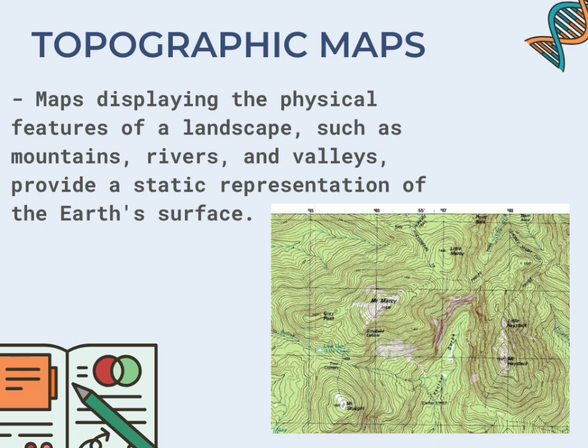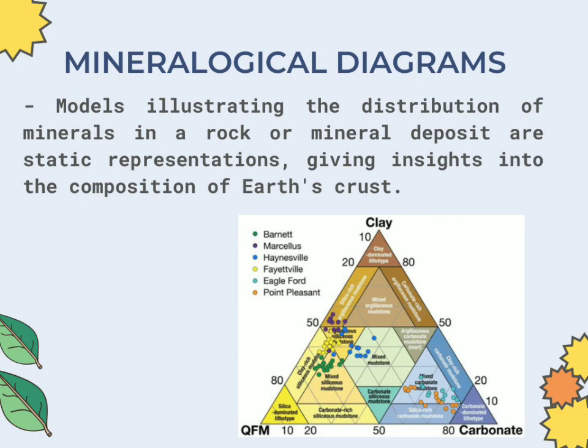Maps displaying the physical features of a landscape, such as mountains, rivers, and valleys, provide a static representation of the Earth's surface. Another example is the mineralogical diagram. Models illustrating the distribution of minerals in a rock or mineral deposit are static representations giving insight into the composition of the earth's crust.